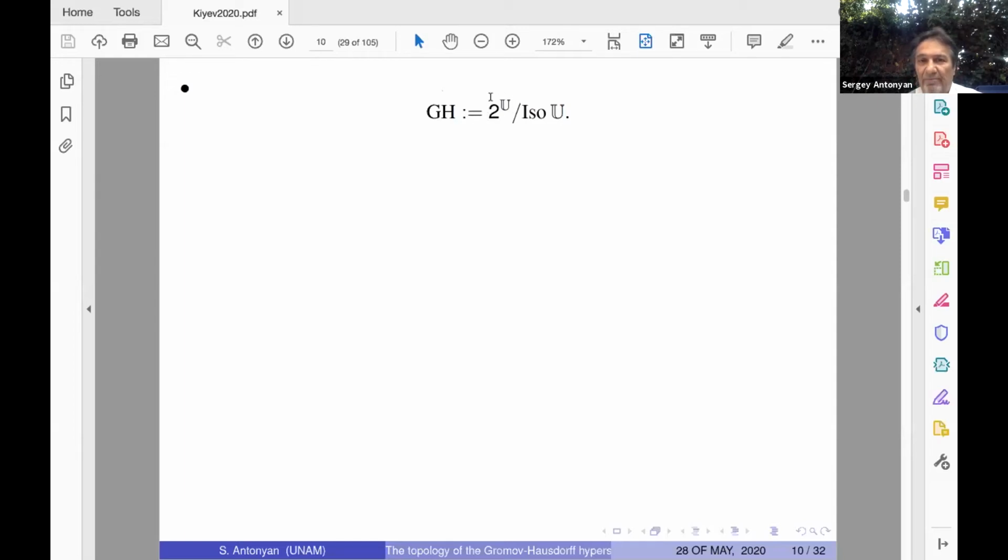So you remember, if we have a metric space U in this case, then 2 to the U is the hyperspace of all compact subsets of U, and iso U is the group of isometries. The group of isometries naturally acts on this space. Then we take the orbit space with the quotient topology. It turns out the Gromov-Hausdorff space is just this orbit space.